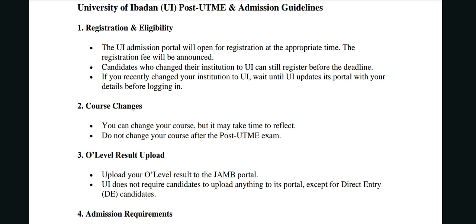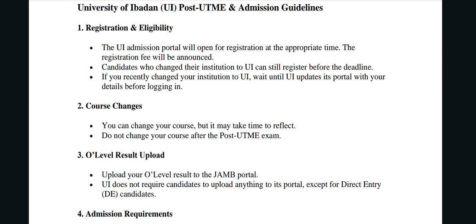Whenever the admission portal is open for post-UTME and direct entry registration, the school management will announce and we also announce it. So all you have to do is to be abreast of information, be on aspirant WhatsApp groups and Facebook groups so that you know when the school announces it. I hope that is clear.